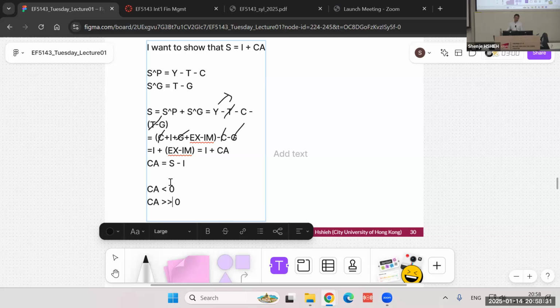So just pay attention when you read the news. Sometimes they'll say, oh, lots of FDI investments in China, and China has a surplus current account. Well, it's hard to be both of those two things at the same time.